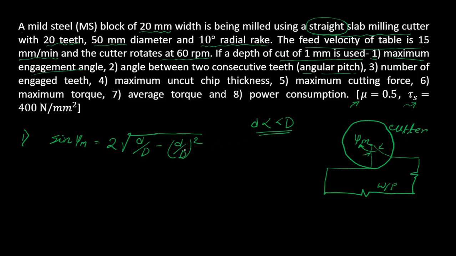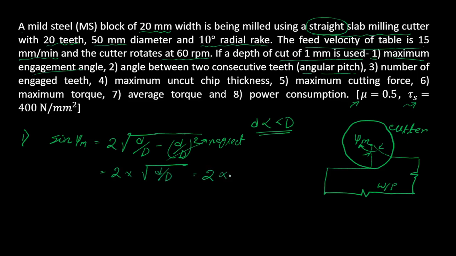So we can neglect the square term, and we can simply write sine psi m as 2 into root of small d by capital D.